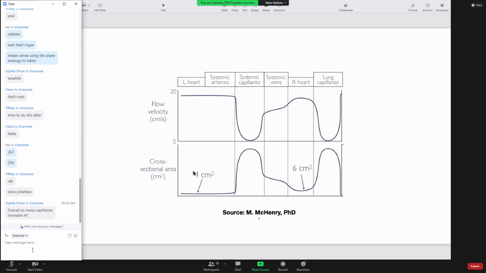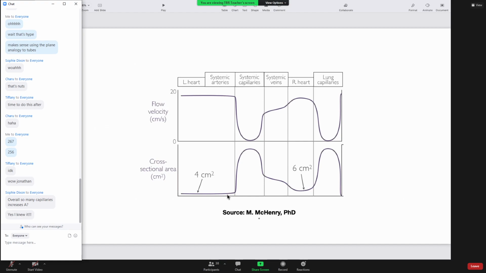The reason is if we look at the cross-sectional area, capillaries are a lot higher than arteries. Like, hey, wait, what does that mean? It's because the overall combined cross-sectional area of all the capillaries is just that much greater than the arteries. If we have one artery, it's going to branch into a bunch of arterioles.